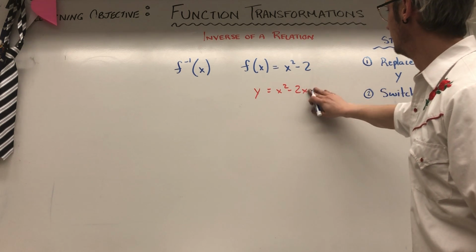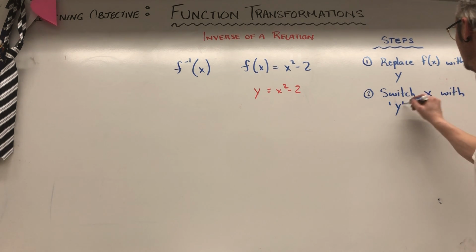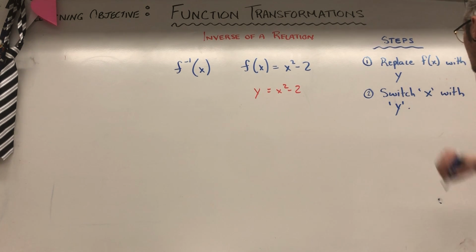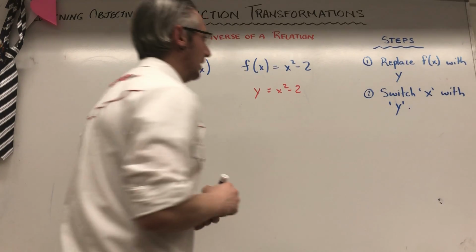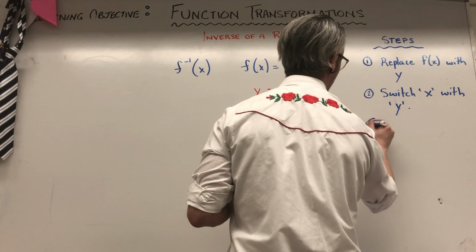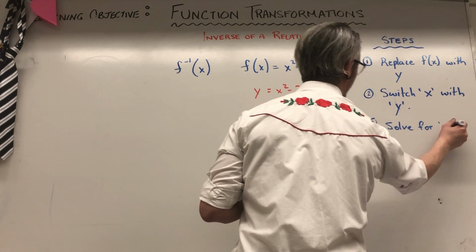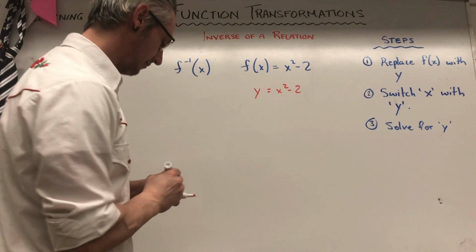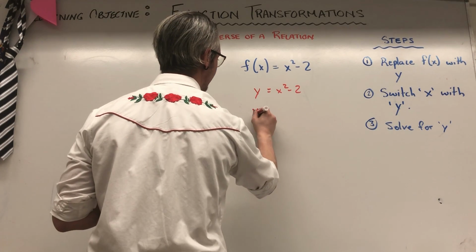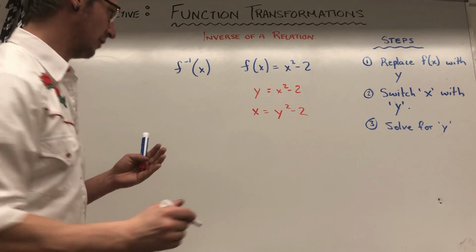Switch x with y, and then we're going to solve for y. So in this example, x is equal to y squared minus 2, and then I'm just going to solve for y.